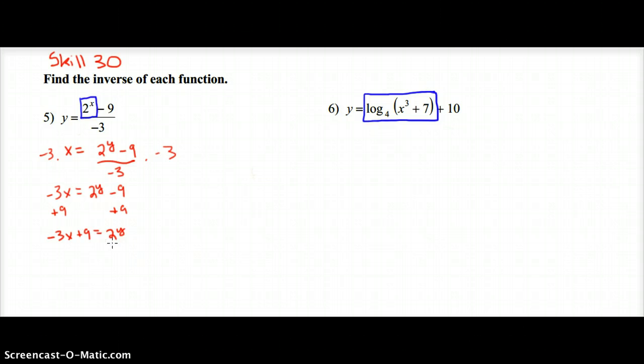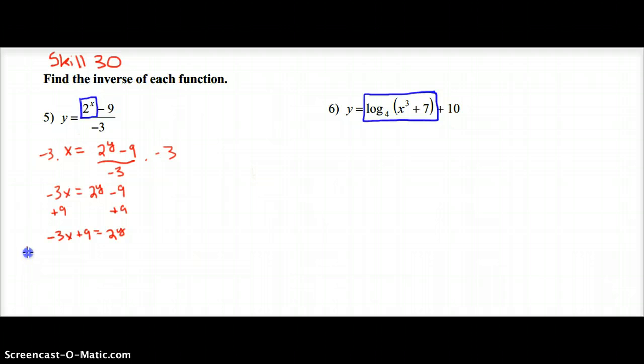And now I'm at my final step. I have 2 to the y power. Don't be tempted to divide both sides by 2 or take the y root of both sides. What we want to do here is use a logarithm, specifically one whose base matches the base of this exponential expression.